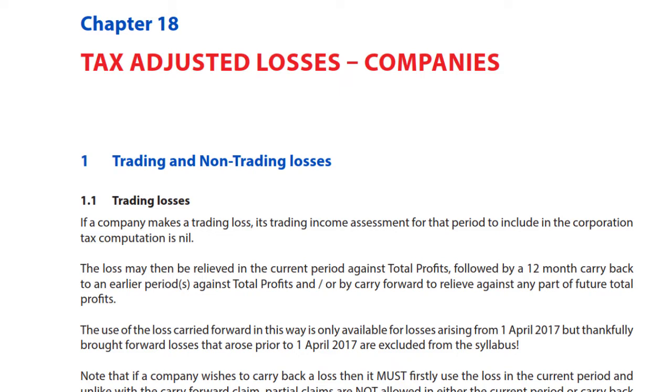As we said, the interest income, the property income, the chargeable gains. Therefore, it is perfectly possible that that loss could be offset by the company in the current accounting period.